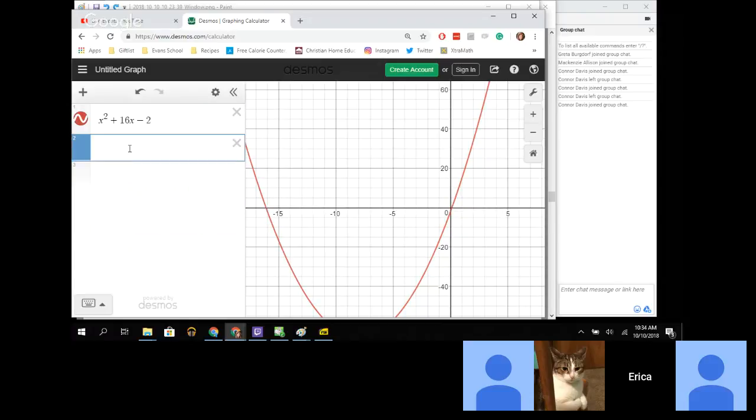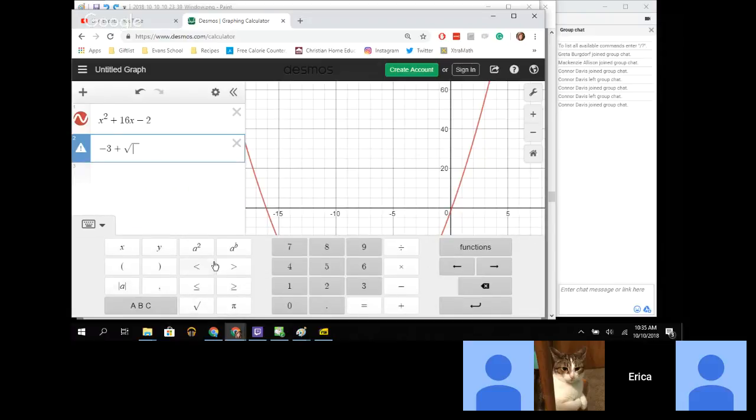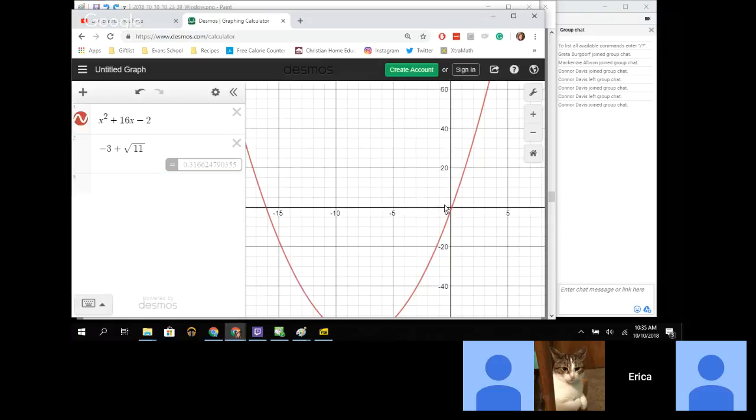And it turns out if you want to try number 12, they are negative 3 plus the square root of 11, I think. So is that the same number? Oh, wait. All right, maybe I'm looking at my notes wrong.